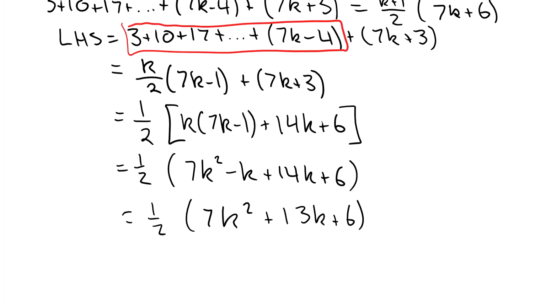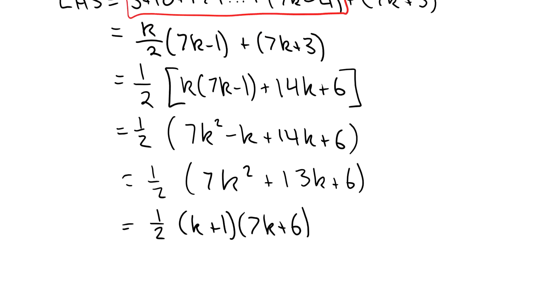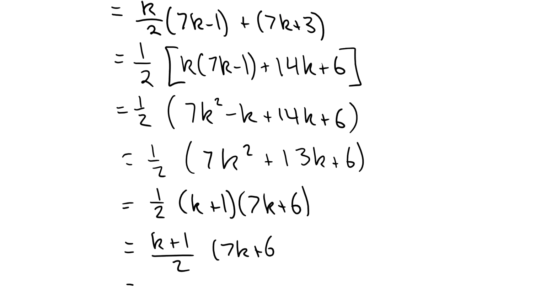Now that is a quadratic, which we can solve to get a half, k plus 1, 7k plus 6, or k plus 1 over 2, 7k plus 6, which is our right hand side. So we have proved that the left side, in terms of when n equals k plus 1, does in fact equal the right hand side.